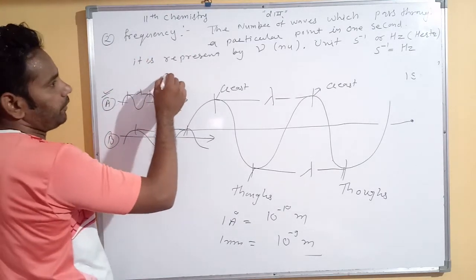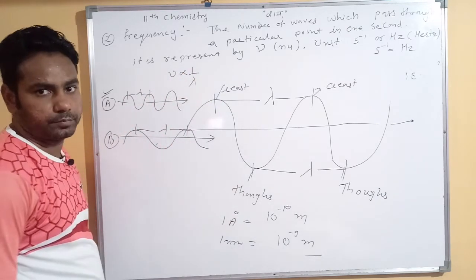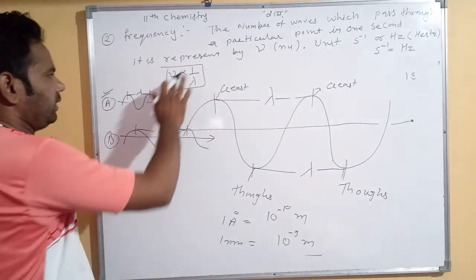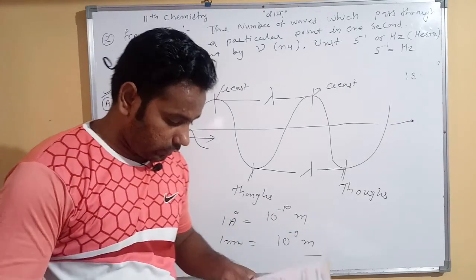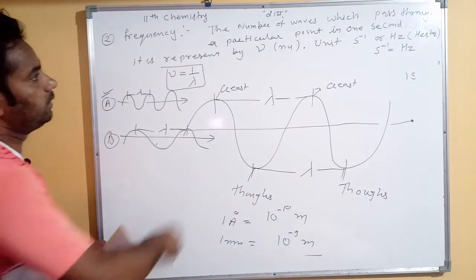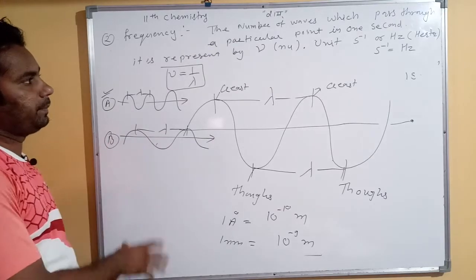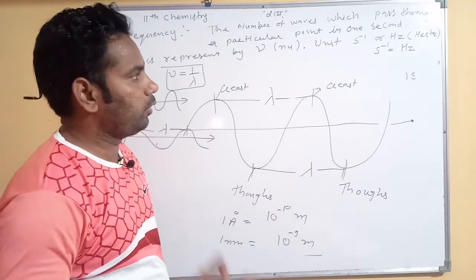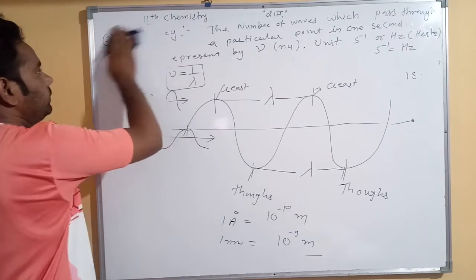It means our frequency nu is inversely proportional to lambda. Okay, the number of waves which pass through a particular point in 1 second, it's represented by nu, and its unit is second inverse or hertz. Then we move in our next definition.